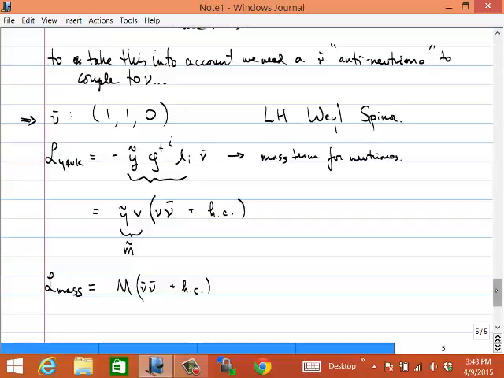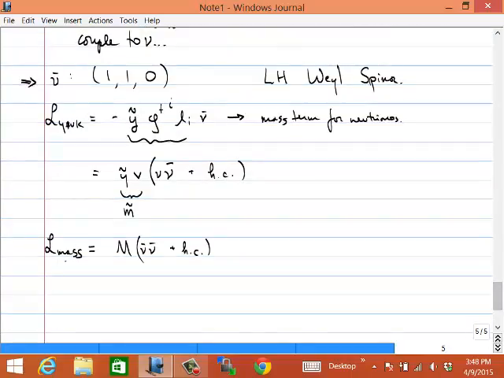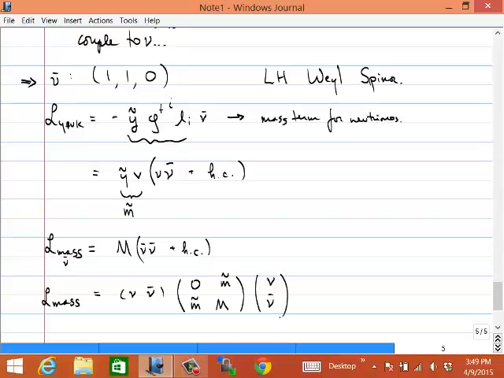So this is the mass for the nu bar field. If you look at the total set of mass terms in the standard model, including the explicit term for the antineutrino, as well as the term that came from electroweak symmetry breaking, what do you get? Well, if you write out everything in a 2-component basis, you get something like this. So that's what the mass terms look like.